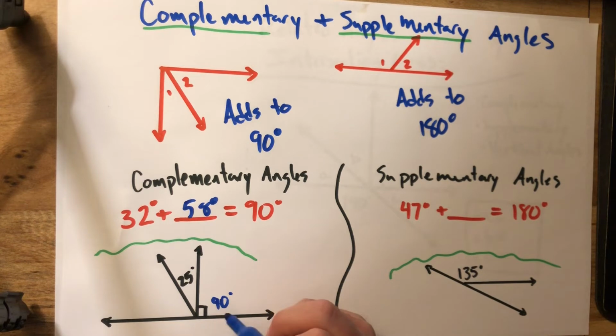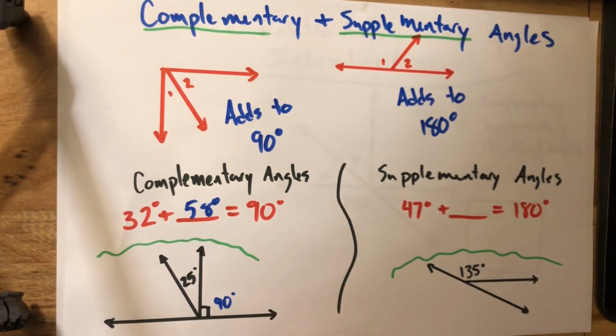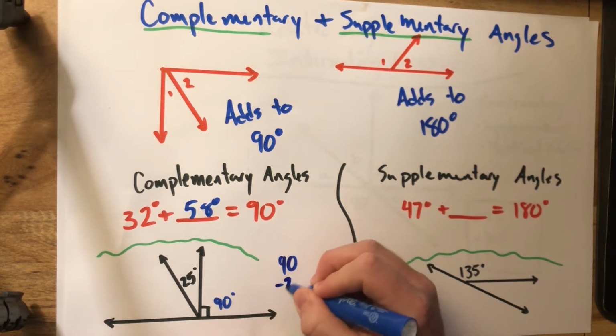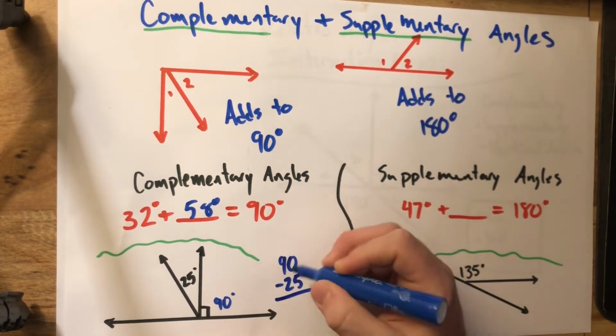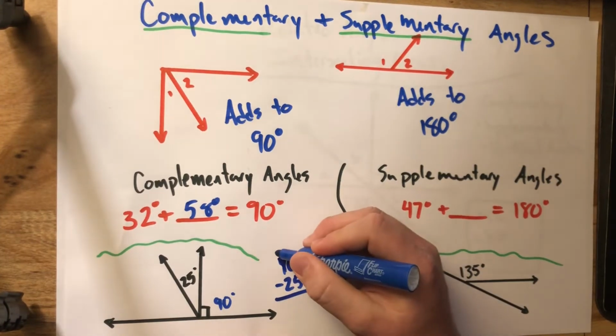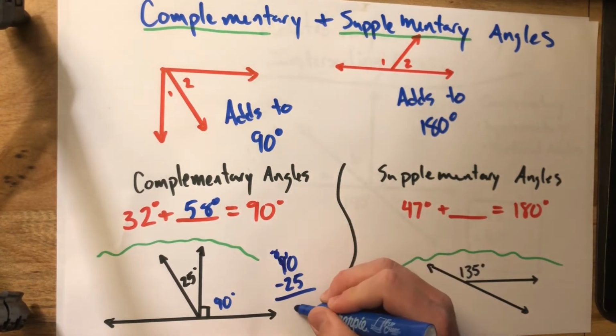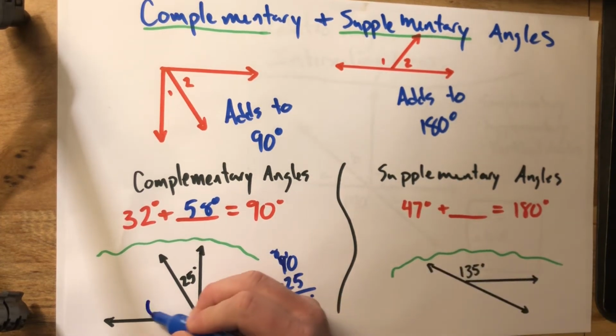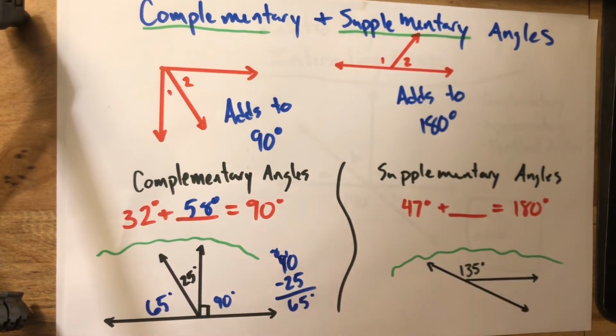So if this part is 90, how much more for this section if it is all 90? Another way to think about it would be to take 90 degrees minus the 25 that we're using, and we'd say 65 degrees. So that's basically it on complementary angles. We're going to use those again here in a second.